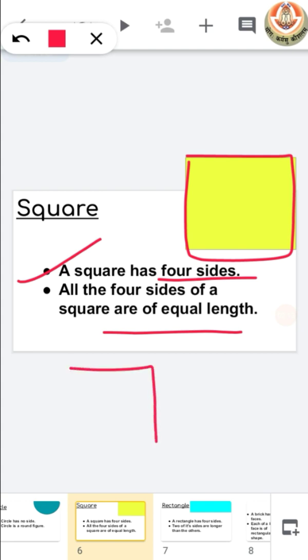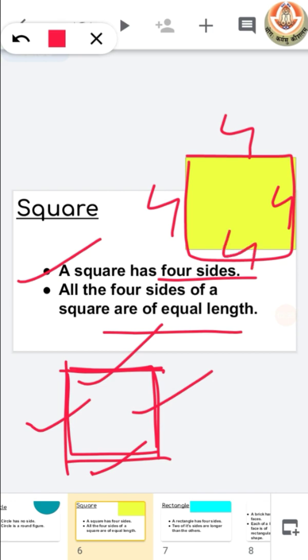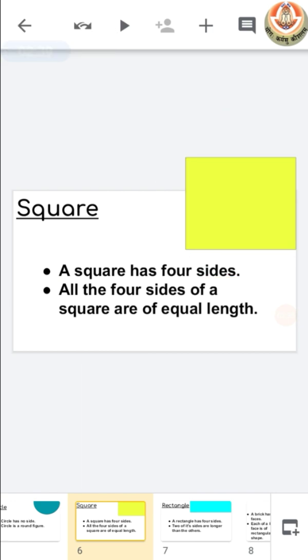Means a square is made up of 4 sides, and all of its sides are of equal length. Means if one is 4 centimeter, the next is also 4 centimeter, this one is also 4 centimeter and the last one is also 4 centimeter.